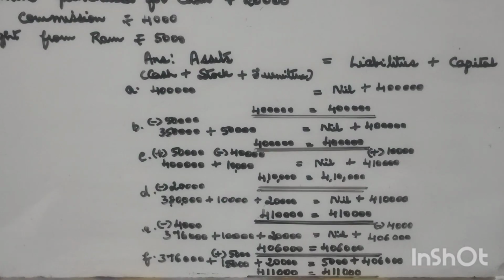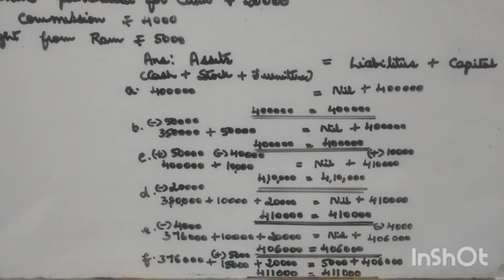So there is a cash sales transaction. So there is arrival of cash, rupees 50,000. So 50,000 has to be added to 3,50,000.